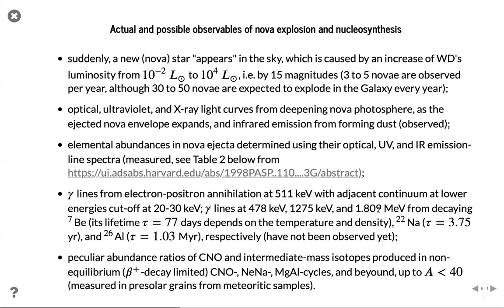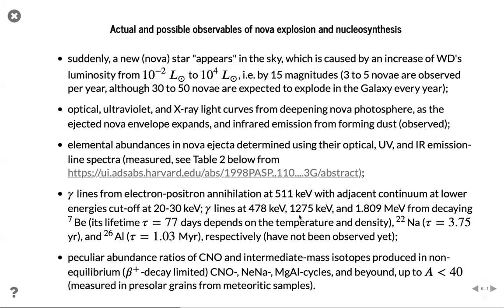These energies correspond to decaying radioactive nuclei beryllium-7. The first line, 478 kiloelectron volt, beryllium-7, its lifetime 77 days, depends on the temperature and density.